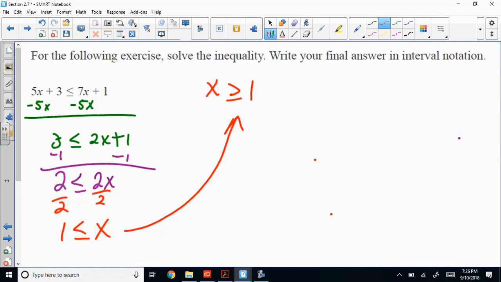We've got a 1 and an x, so I wrote it x and 1. And here's why. If you write it with a variable first, the inequality will always point in the direction that the arrow needs to go. That's the old saying, right? So just be mindful of that.